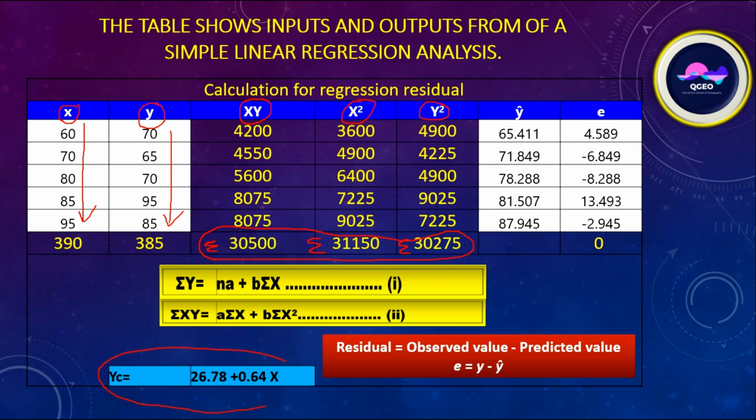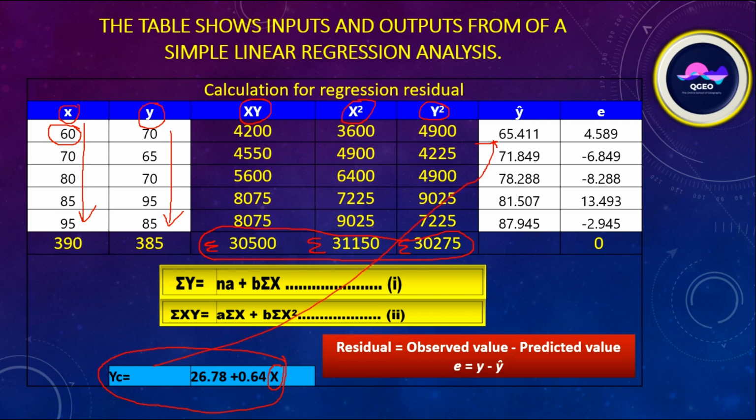Now, residual is equal to, what is residual? Residual is the observed value. Putting the value 60 here, then Yc will be 65.411.